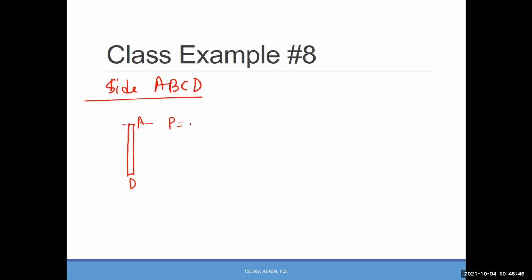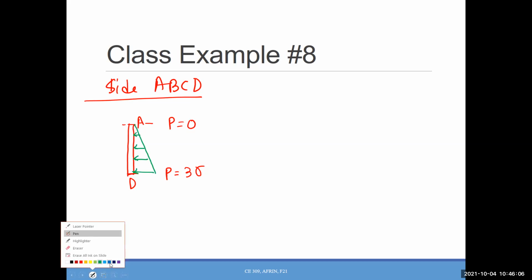What is the pressure here? 0, and here pressure. And what will be the distribution? What will be the shape of the load distribution here? Good. Okay.